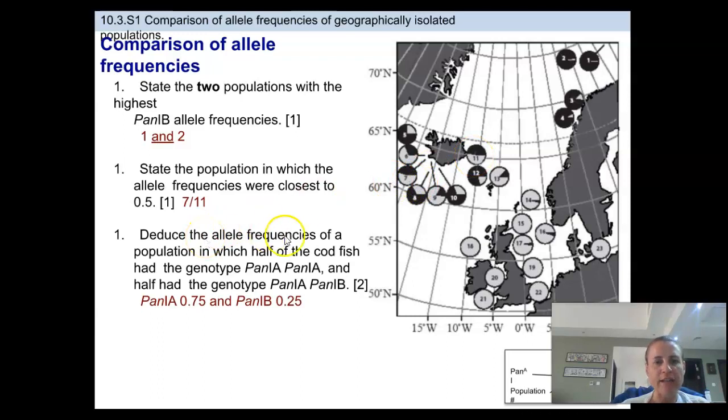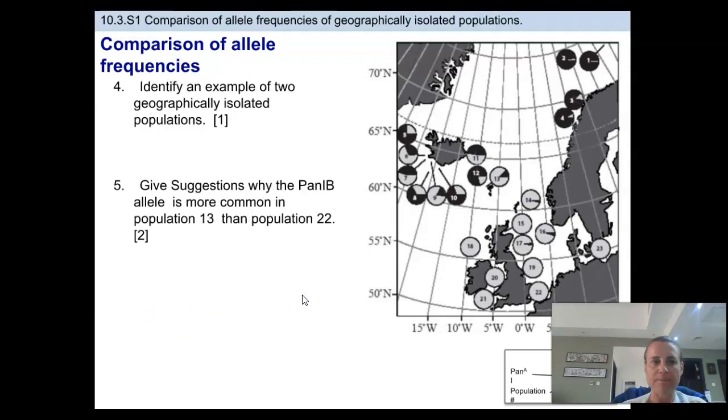And deduce the allele frequencies of a population in which half of the codfish had genotype pan-IA, pan-IA, so they were homozygous, and half had the genotype pan-IA, pan-IB, so they were heterozygous. You should have got 0.75 pan-IA and 0.25 pan-IB.